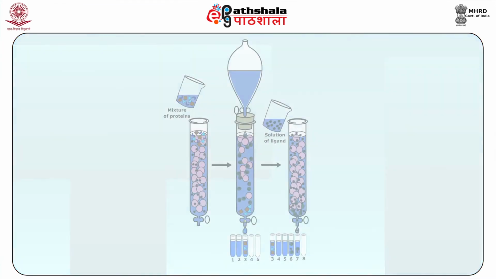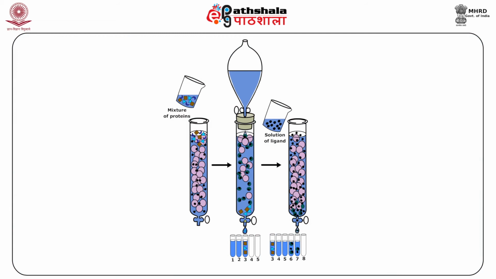In this column, you are going to see that the ligand is attached to the stationary phase, and this ligand has the affinity with the enzyme which we want to separate. When a mixture of proteins is poured onto the top of the column, it gradually enters the stationary phase, interacting with the ligand attached to it.